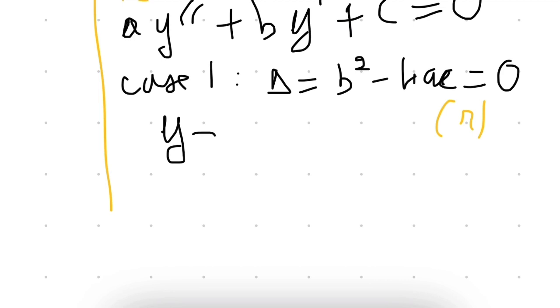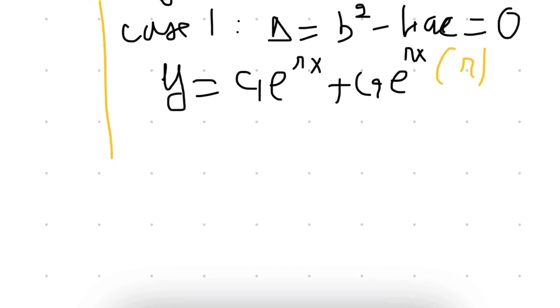And therefore our answer is gonna be C1 e^(rx) plus C2 x e^(rx). That's for the first case.